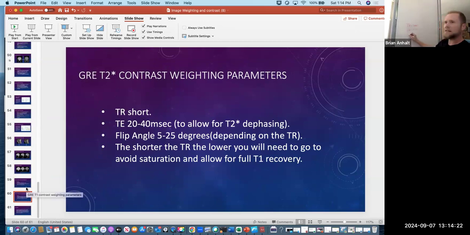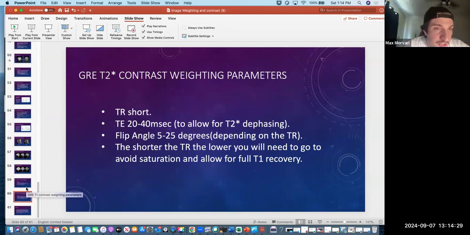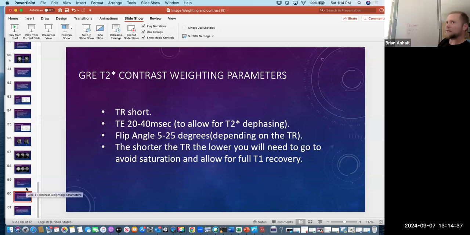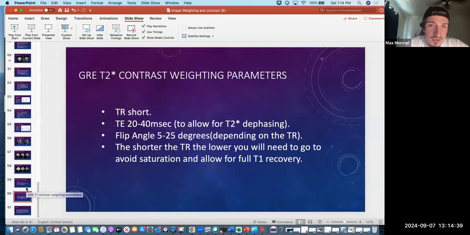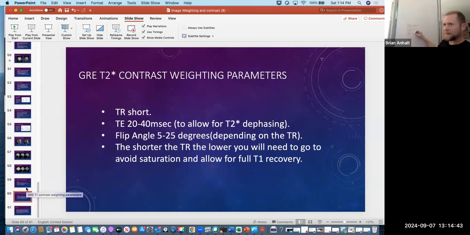Now we want to minimize T2 information. How do we do that? The TE is going to be as small as possible. Let's just say 5 or below, 0 to 5.